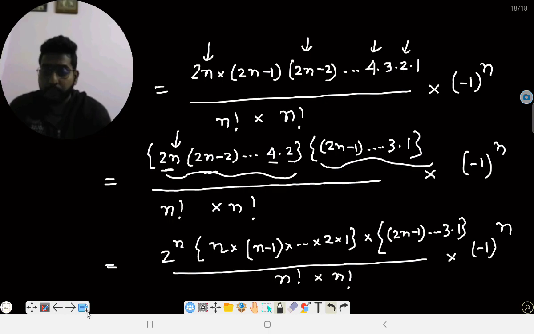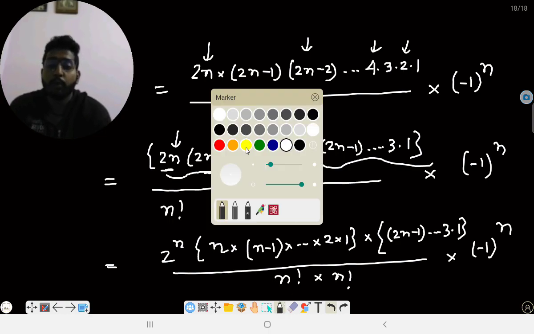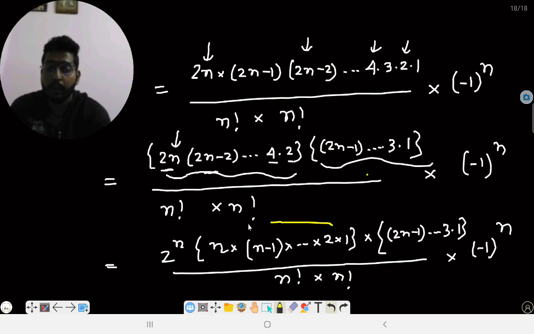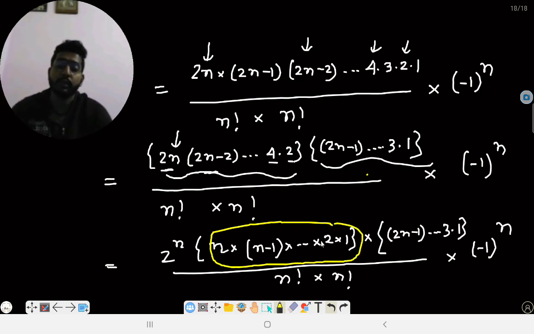Now you can see in the numerator, n into n minus 1 into 2 into 1 and so on. So this is n factorial.